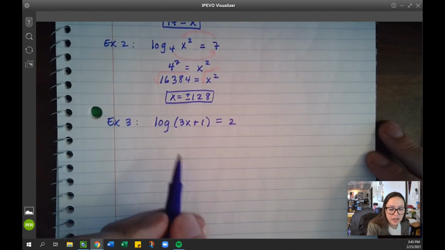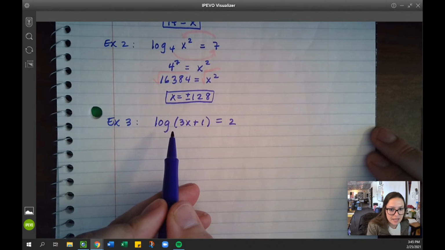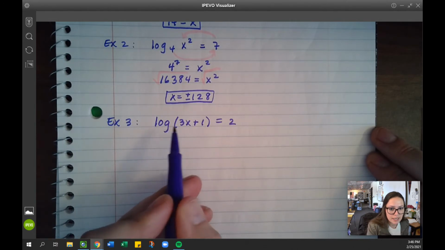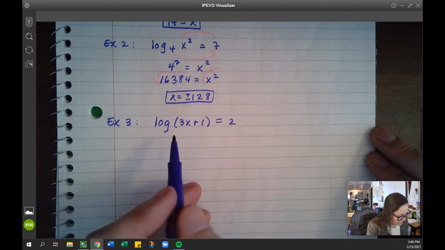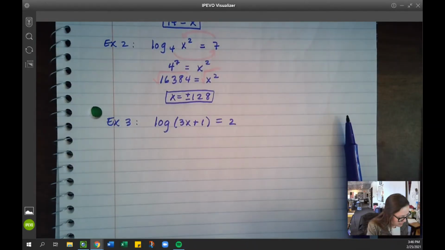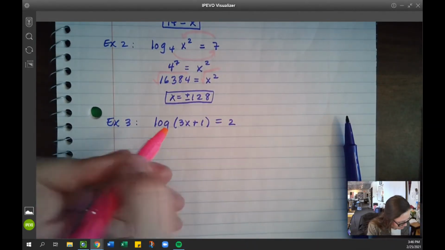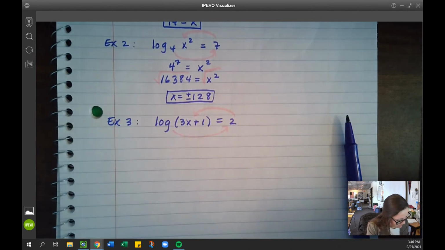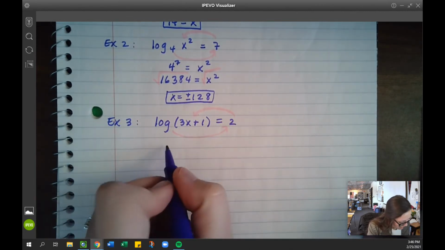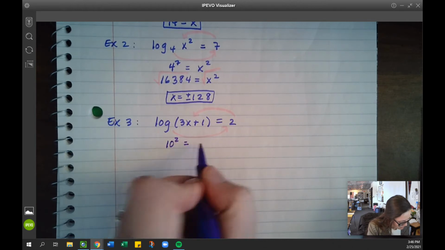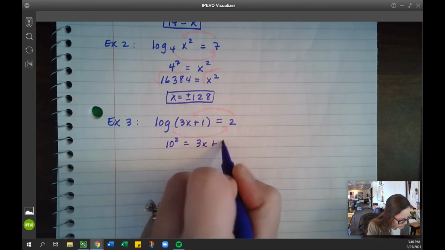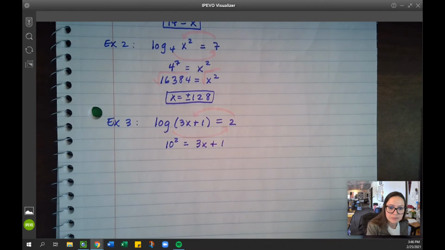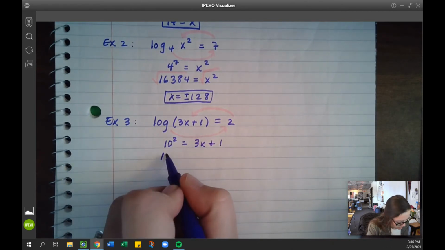Remember, when you have a log that doesn't have a base, that means this is really base 10. So when I rewrite this in exponential form, I'm going to have 10 squared equals 3x plus 1. 10 squared is 100.